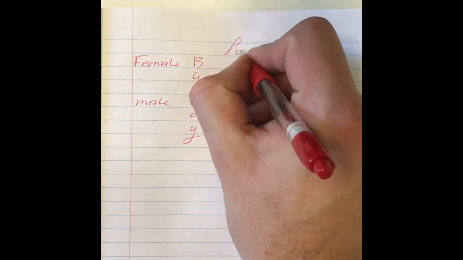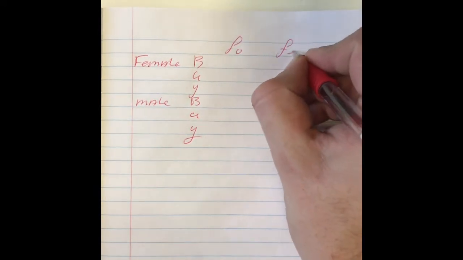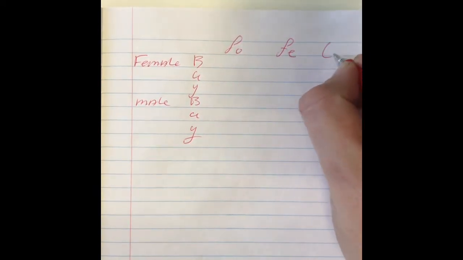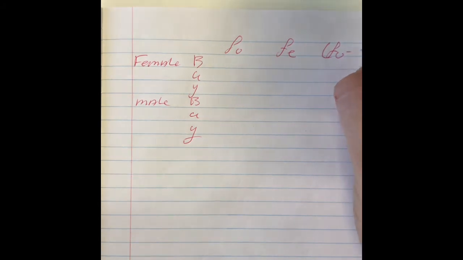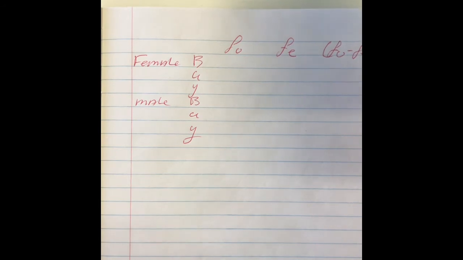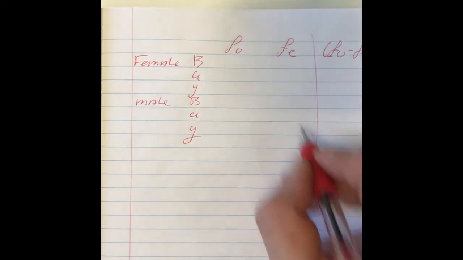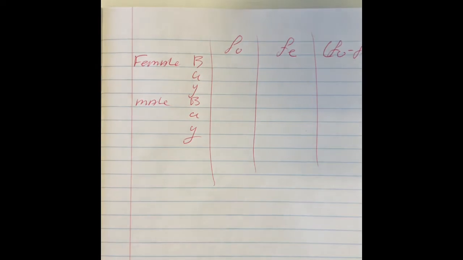Then we'll have our FO, our FE, and our FO minus our FE squared. And then what they did is they said FO minus FE squared over FE, which is your chi-square.